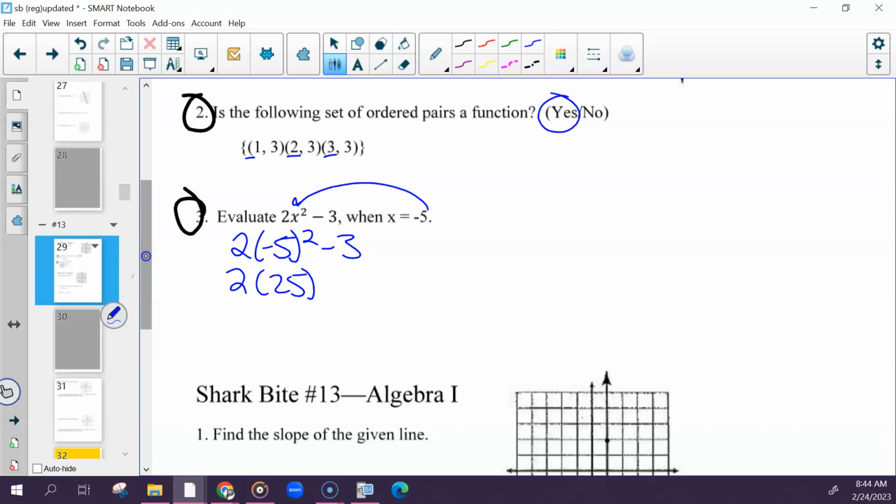Otherwise, you're going to get a negative instead of a positive. But that answer should be 47. You could have also put all of this into the calculator, into Desmos, at the same time. Questions on that one?